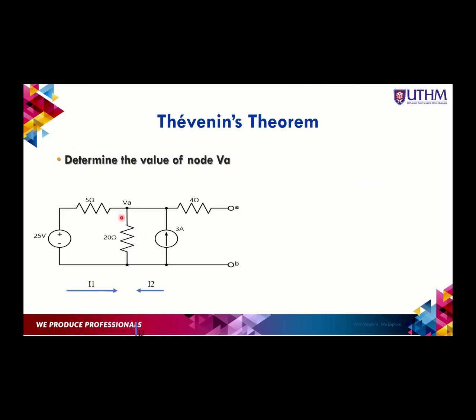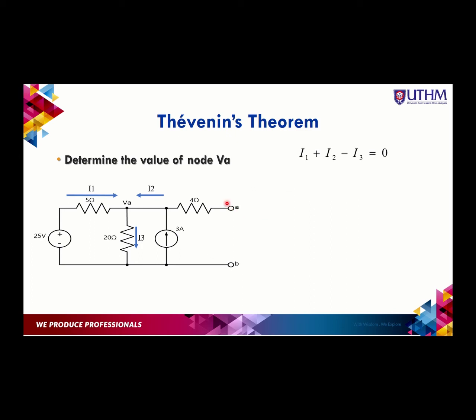In order to determine that, we need to build up the equation of VA, in which you have three paths: I1, I2 and I3. We will consider I1 going into VA, I2 also going into VA, and I3 coming out from node VA. So the equation at node VA can be written as I1 plus I2 minus I3.